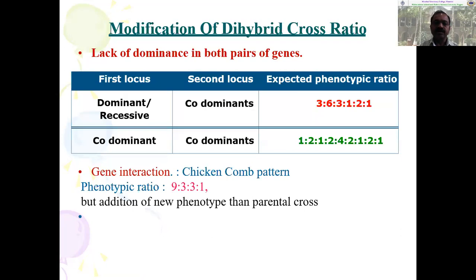So this was the normal phenomenon, but Mendelian laws, the laws of inheritance, are not universal, because there are so many modifications. First, Mendel considered only one kind of gene action, that is dominant gene action.